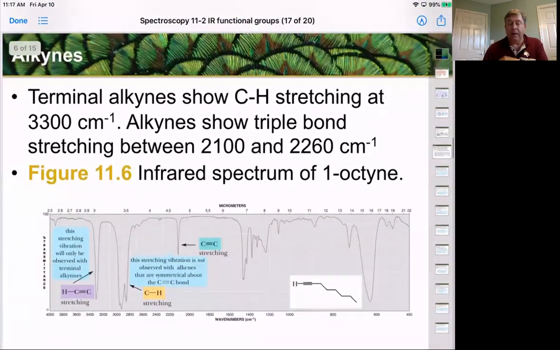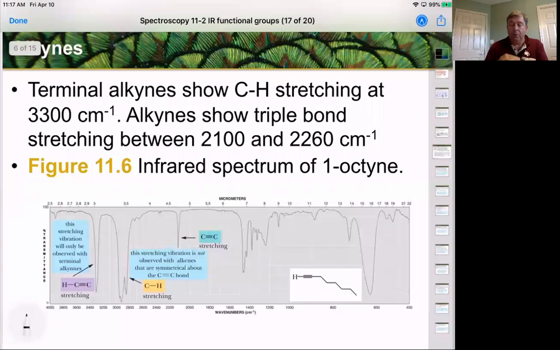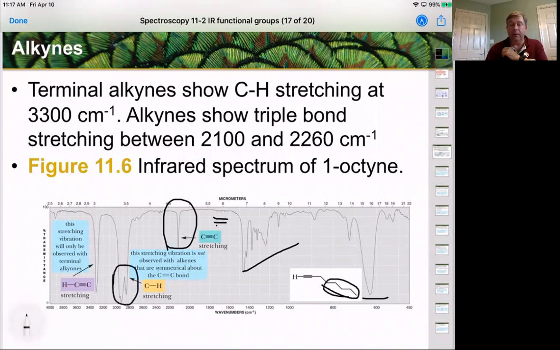Now if we move to an alkyne, what we see is, again, our new peak in the carbon-carbon triple bond range. We don't have the peak where the alkene was. We still have our carbon-carbon single bonds. We still have our carbon-hydrogen stretches and wags. And we have our carbon-hydrogen bond for the main chain right here. But then we also have that terminal alkyne that's separated out, because the carbon with the triple bond on it has a different polarization.